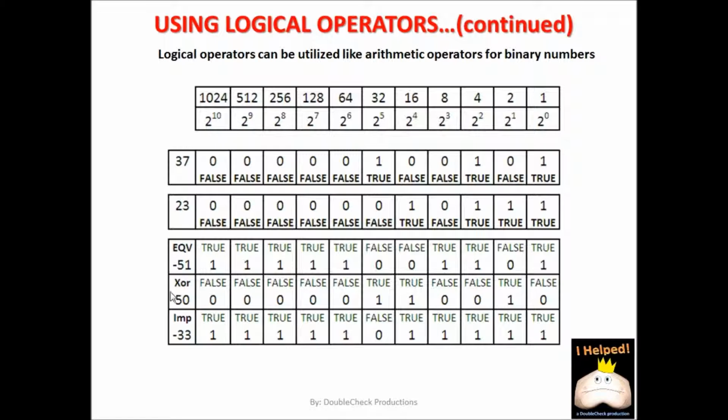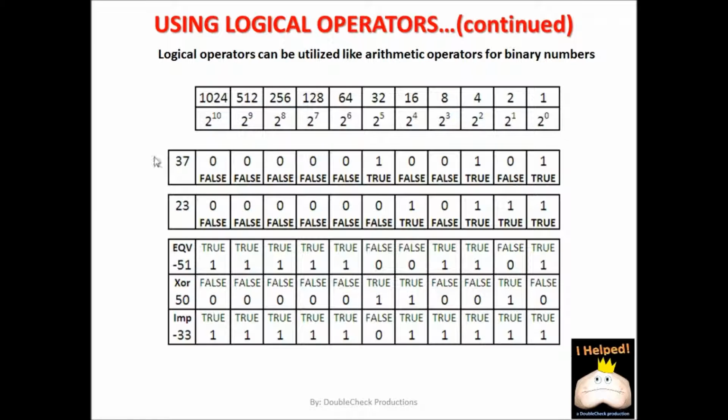We do the same thing for the exclusive, which requires that the values be different. Here we have that they're both the same, and if we look down here in our exclusive row, we see that this is a false value. We go to the next set of digits. We have 0 and 1. These are not the same. They are exclusive. We go straight down here to our exclusive row, and we see that that value is true.